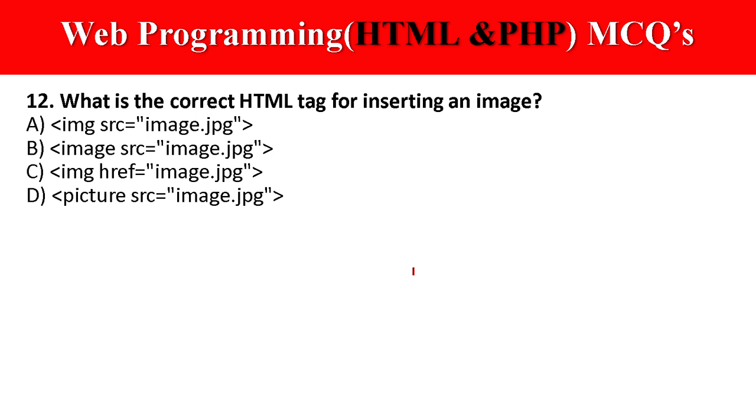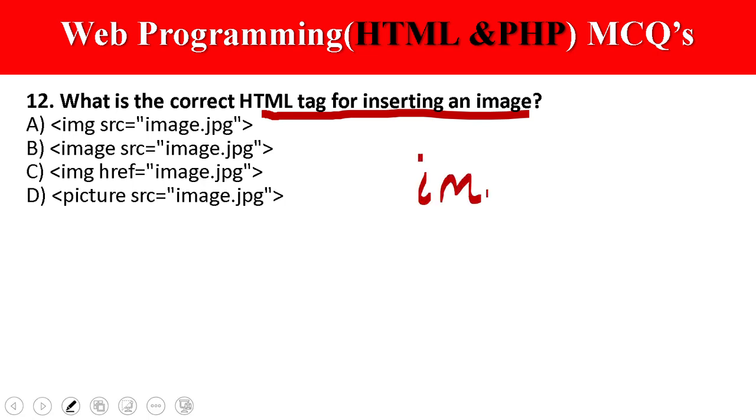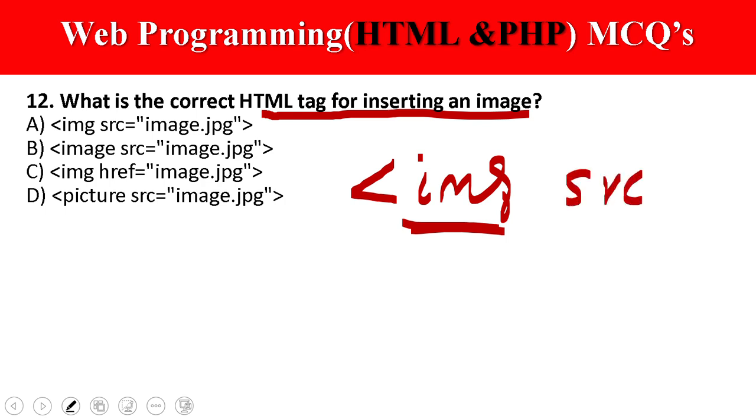12. What is the correct HTML tag for inserting an image? In order to insert an image in an HTML page or document, we use the img element, which is enclosed by angle brackets, and then there is src, the source, an equal sign, and the directory of the image or the file name.